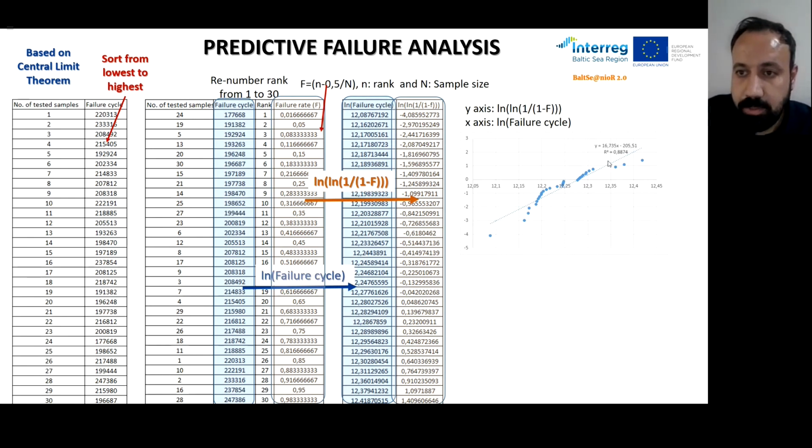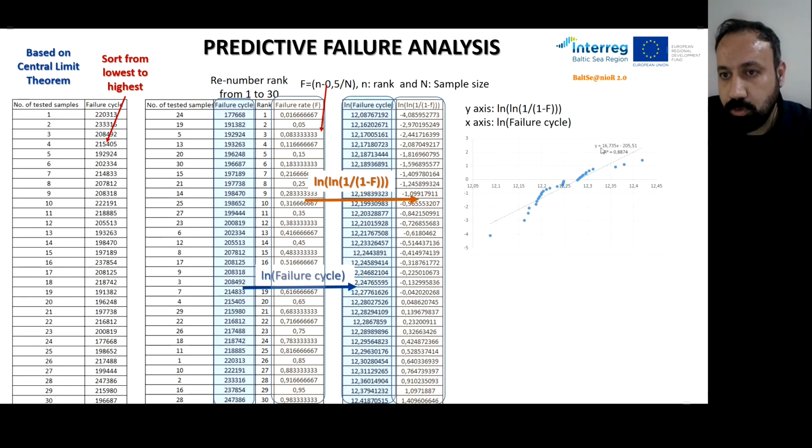R square changes from 0 to 1. If it is close to 1, there are really minor errors. If it is getting away from 1, my error rate in the statistical analysis is increasing. 0.88 is a good number, but not perfect. For a perfect R square it should be above 0.95, maybe 0.99.